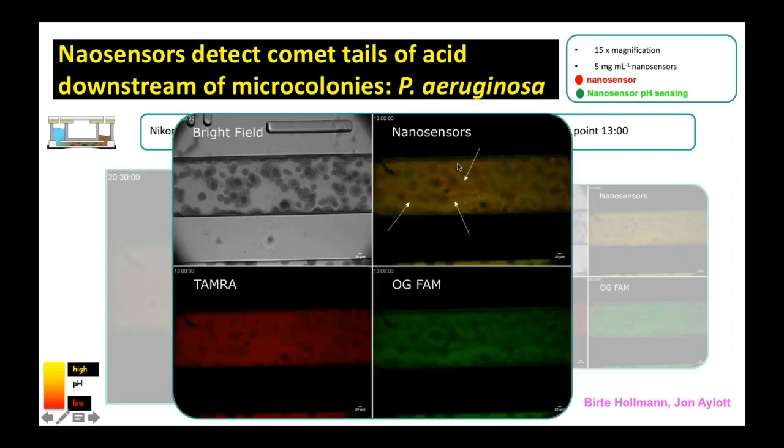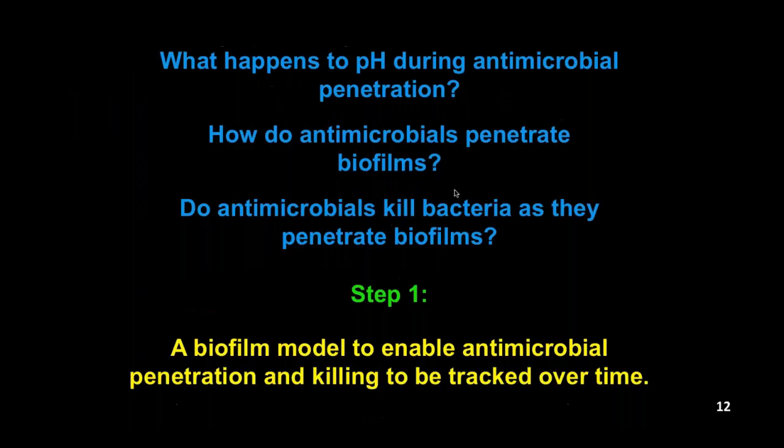So in close up, you can see here the comet tail downstream of microcolonies, which we think is because we're growing, in this case, on succinate. So it's used up, the pH downstream will change. So now we can see pH changing in channels.